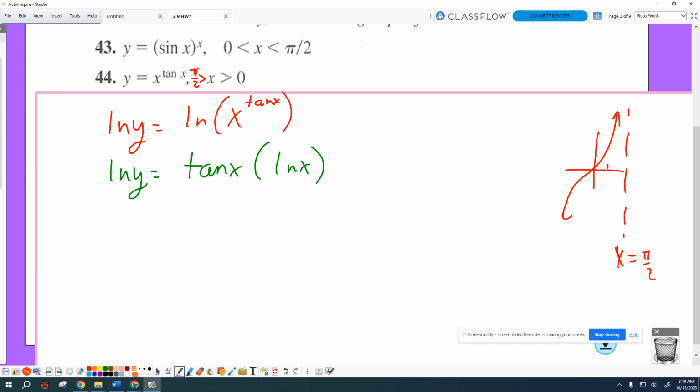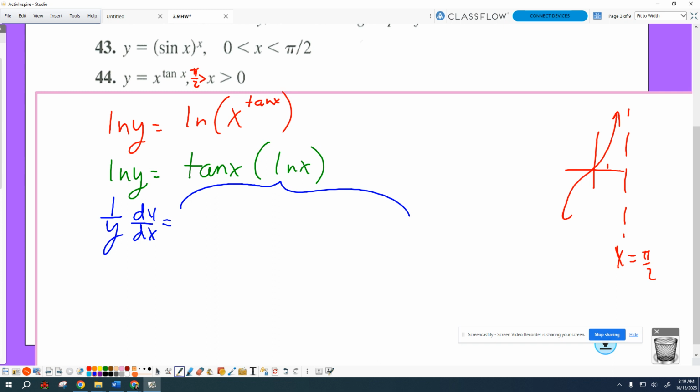What's the derivative on the left? 1 over y times dy dx. Clara, what's the derivative of this product? Which one? Tangent? Yeah, tangent ln x.